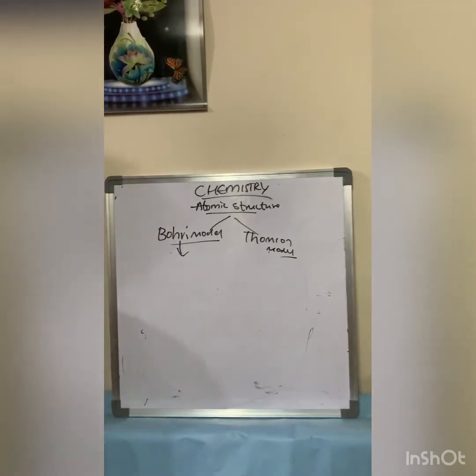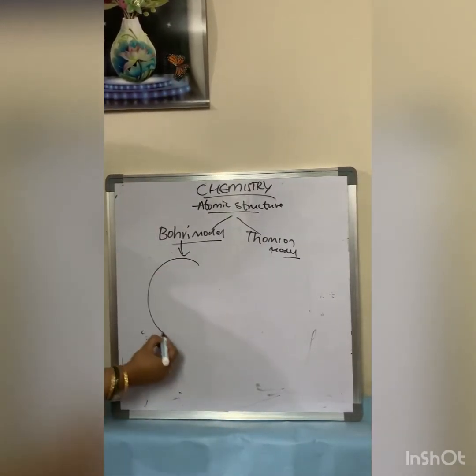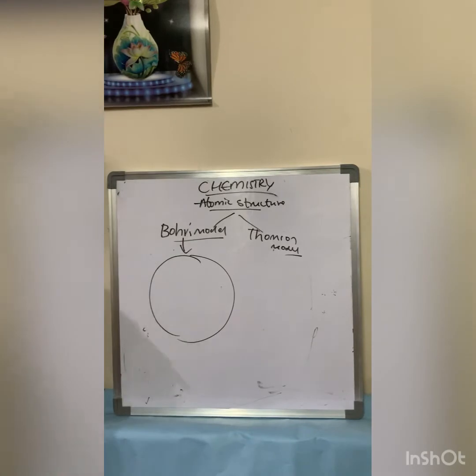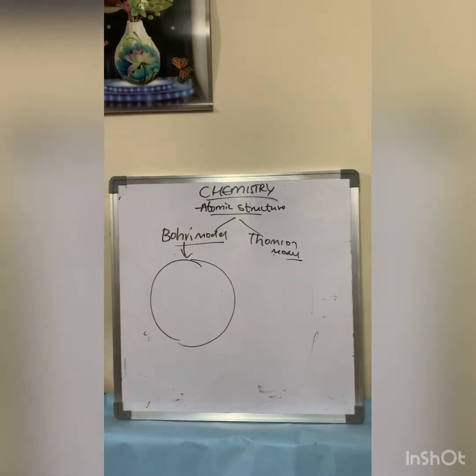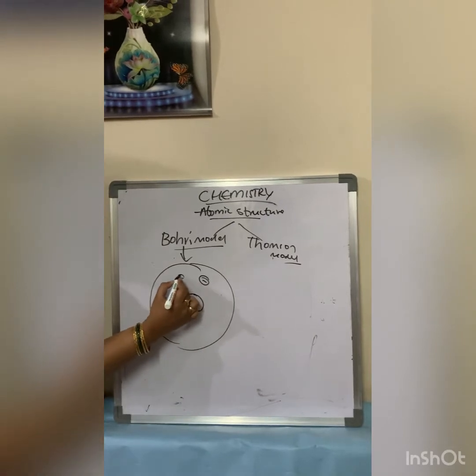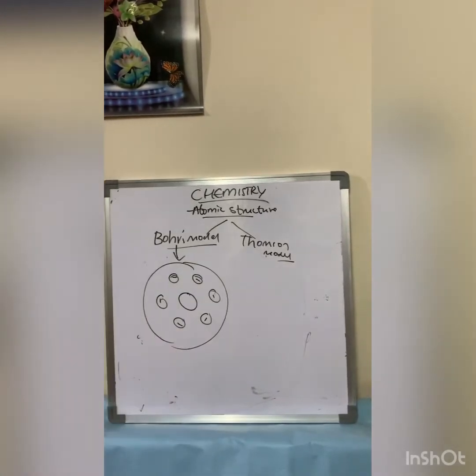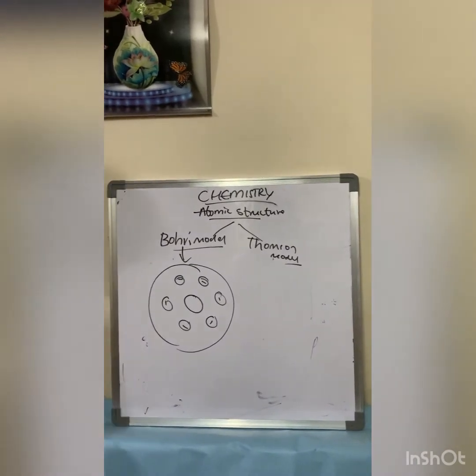So in Bohr's model, what did he conclude or explain? In the atom, all the electrons will revolve round the nucleus as the planets revolve around the sun.